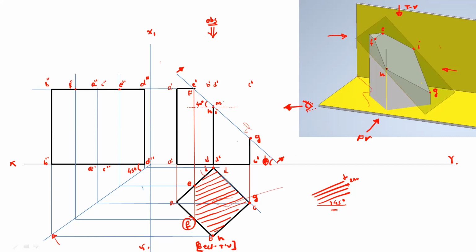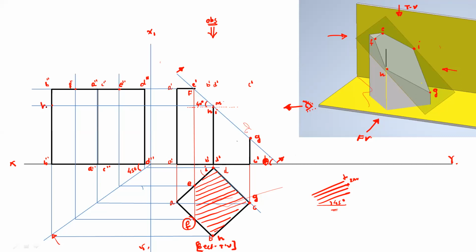Now we have to locate the points H and I in the side view. Take the projection directly from this point. Here you can observe the H and I points, they are on the edges B dash B dash and D dash D dash.